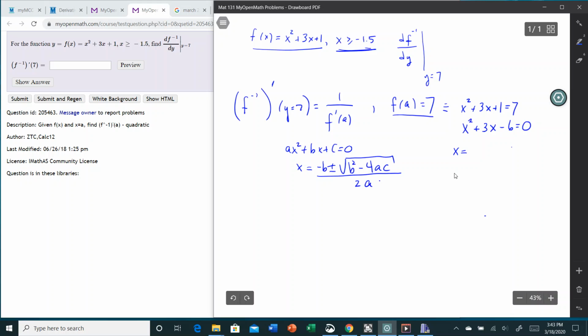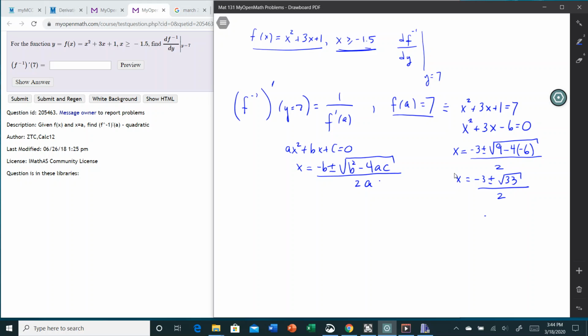So x would be equal to minus 3 plus or minus the square root of b squared, which is 9, minus 4 times a times c, all over 2. So x here is negative 3 plus or minus the square root of 33, over 2.